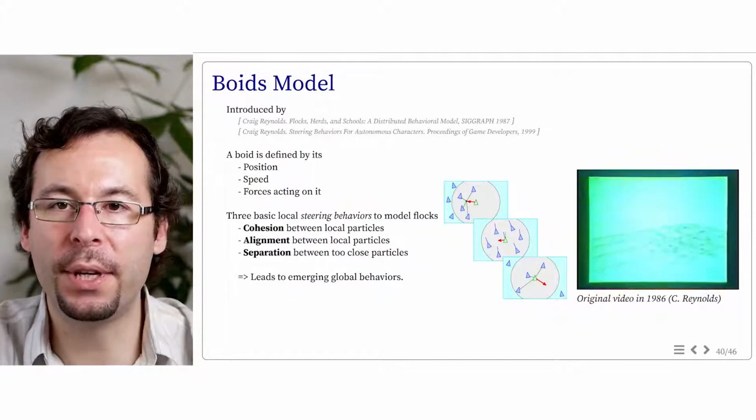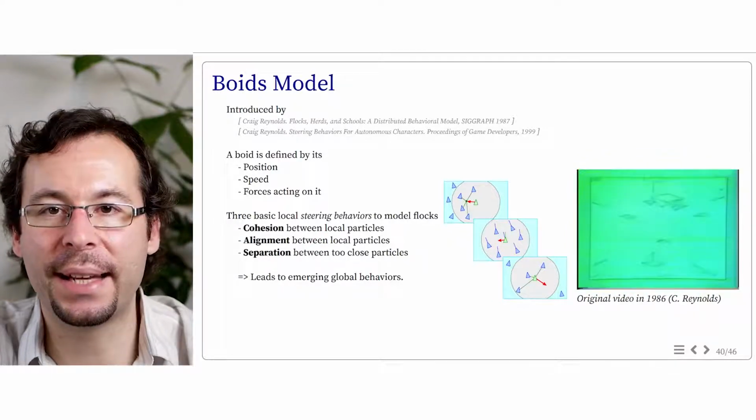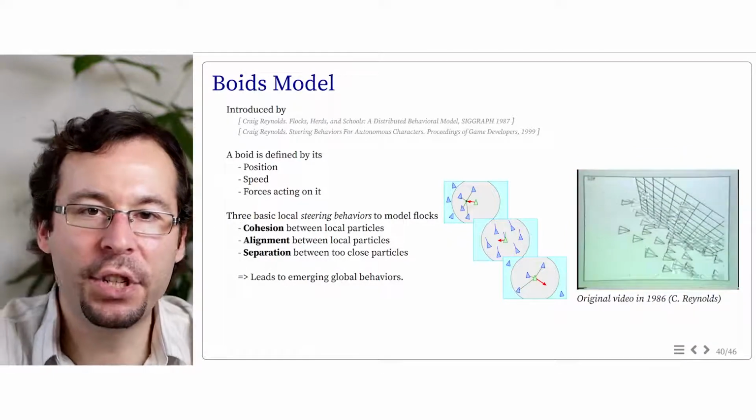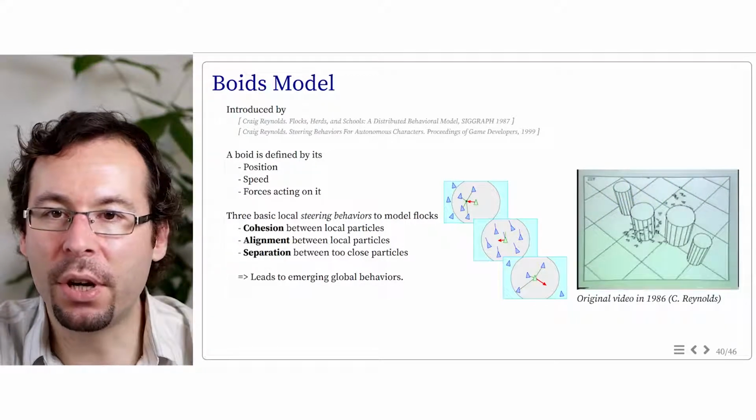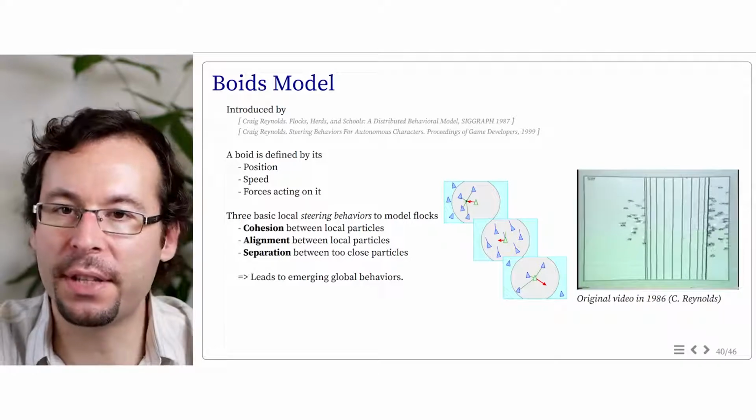If you look at the Boids model, the particle is defined by a position, a speed, and the force acting on it. There were initially 3 basic forces taken into account, expressing steering behaviors to model flocks of birds, for instance.